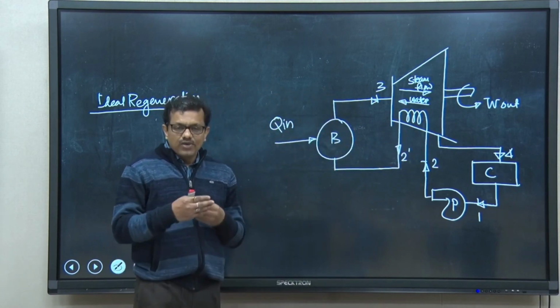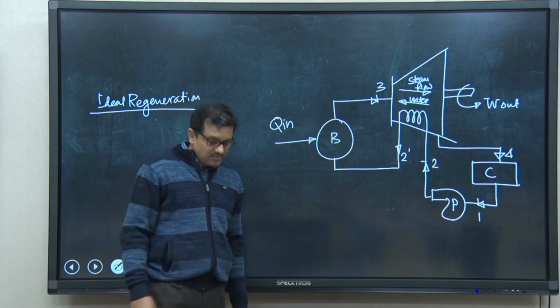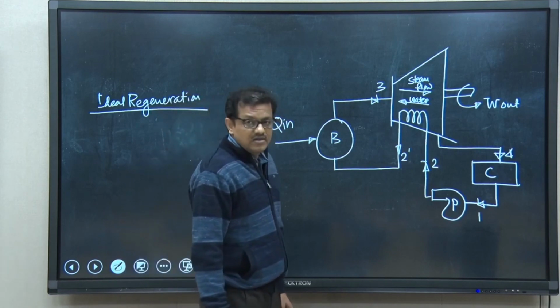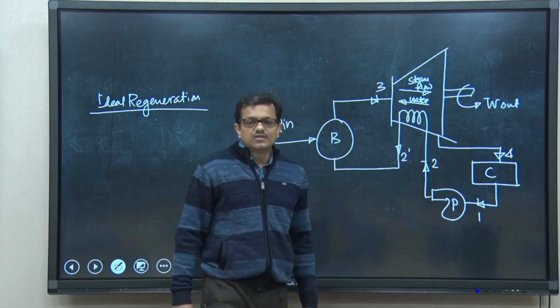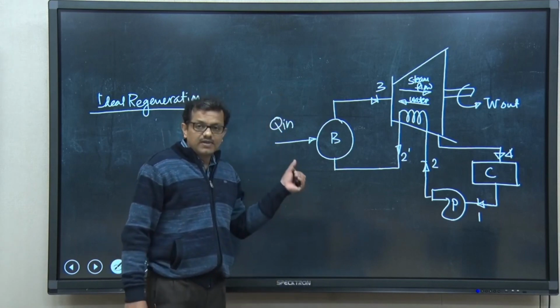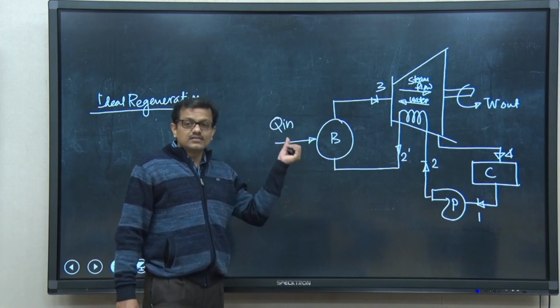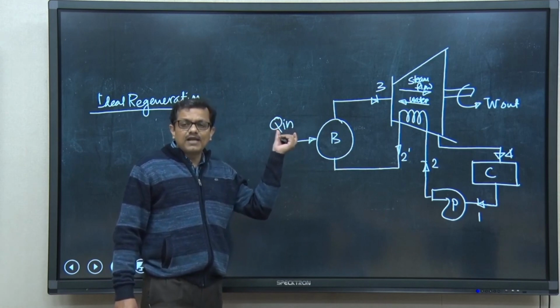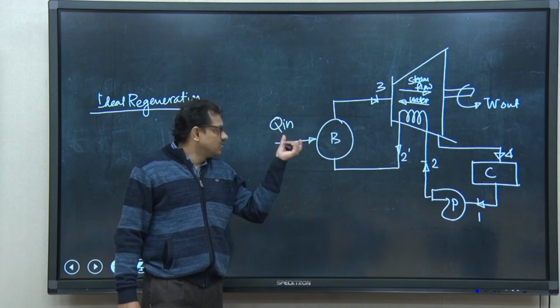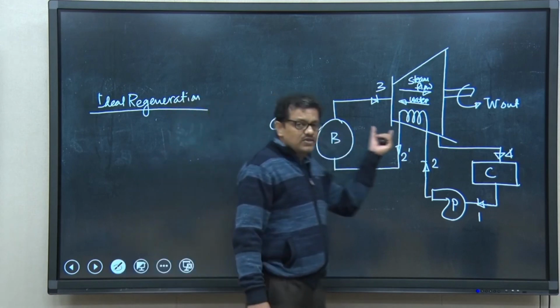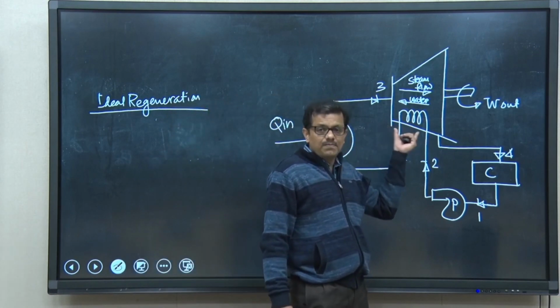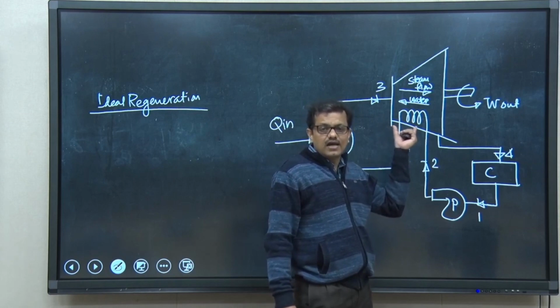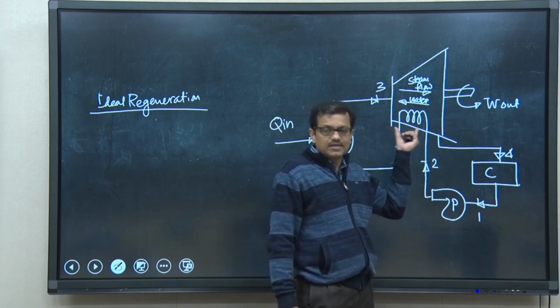So, as if we are regenerating the heat to increase the efficiency of the cycle. Let me tell you once again, the idea is we can reduce the Q in which will be supplied by burning fuel, and to do that, this is the simple arrangement, also known as the ideal regeneration method.